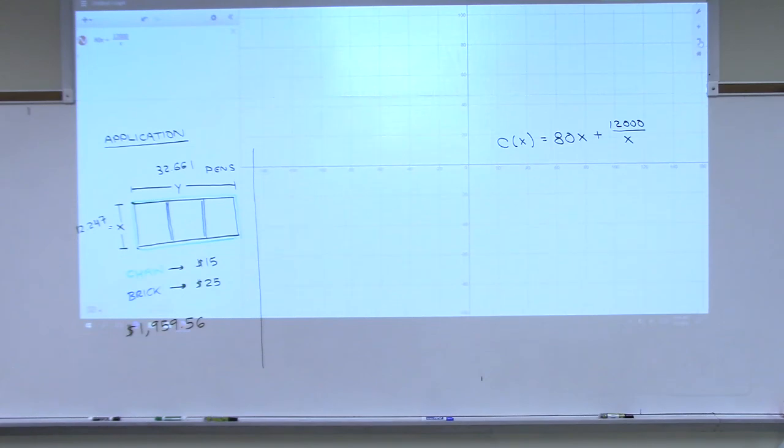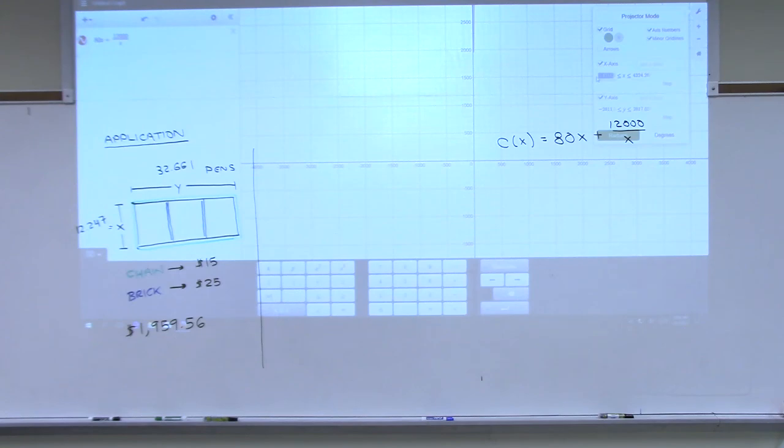Darn it. I need to see if I can adjust this window. Hold on. Oh, here we go. So let my x-axis only go between negative 20 to 20, let's go to 30.